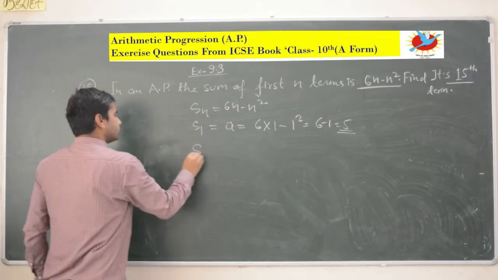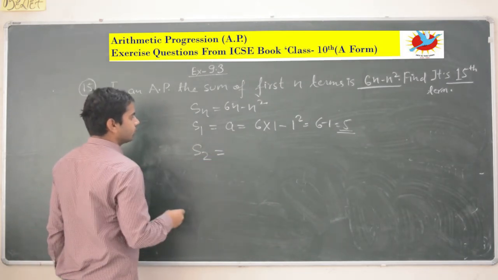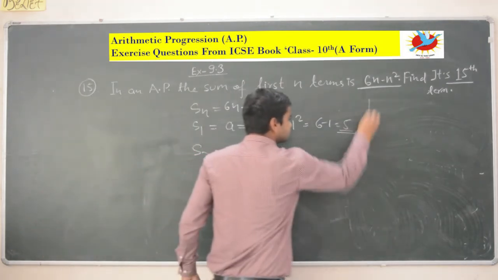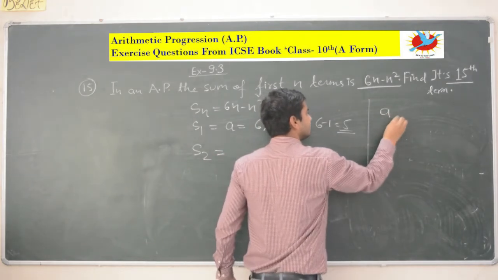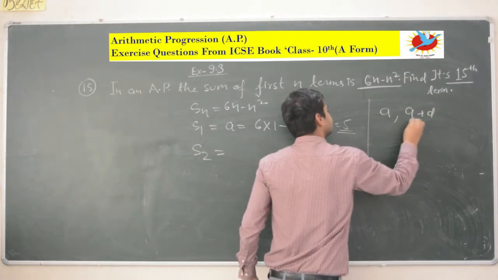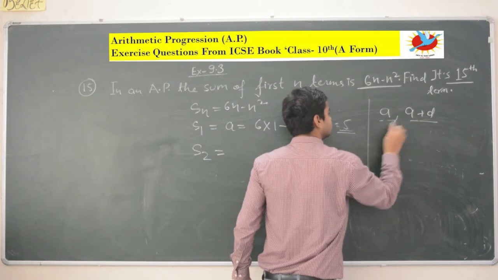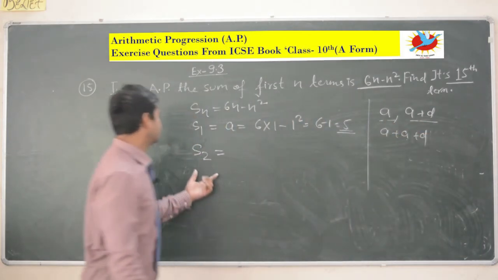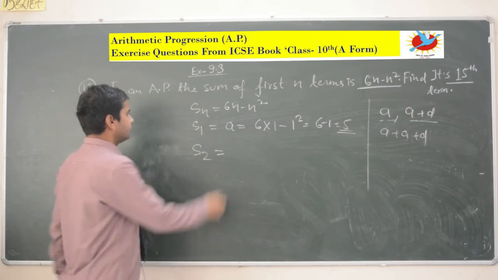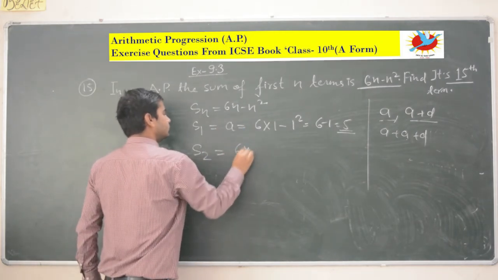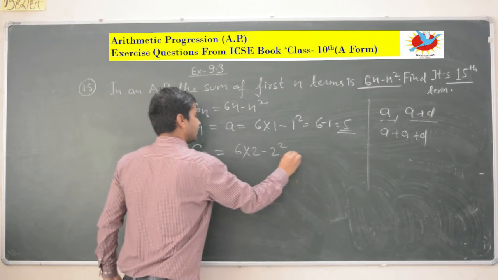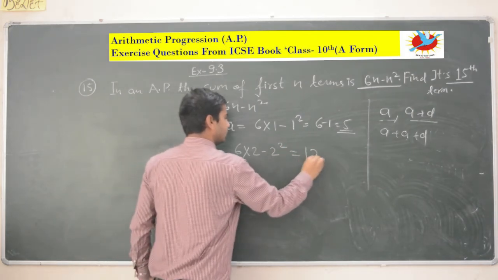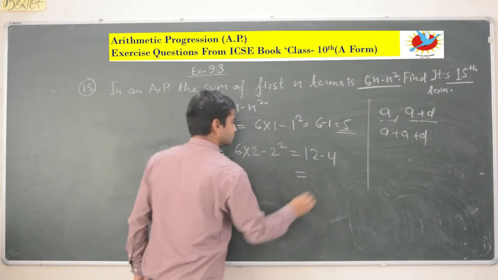Now we can calculate S2, the sum of the first two terms. If the first term is a and the second term is a plus d, then the sum of these two terms is 2a plus d. Here S2 will be equal to 6 into 2 minus 2 square, which is 12 minus 4, that is 8.